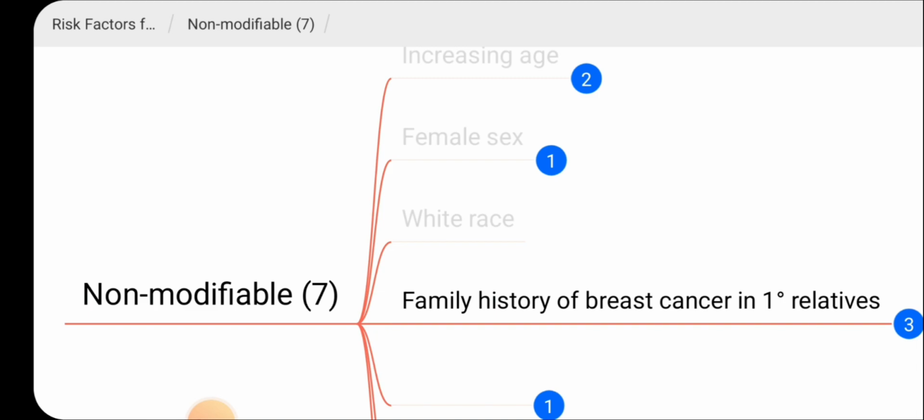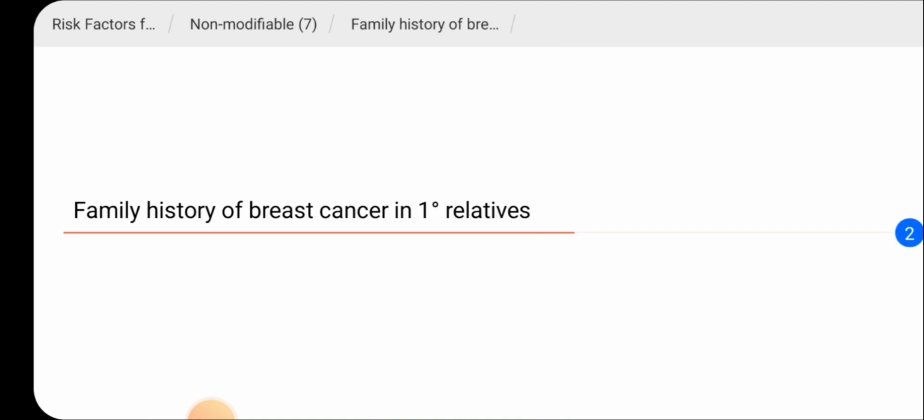Then family history of breast cancer in first degree relatives. If someone has a first degree relative who has breast cancer, then it is a risk factor. And also the age they were diagnosed is an additional risk factor. If in our relative the breast cancer is diagnosed earlier, then the risk of breast cancer in ourselves is higher.